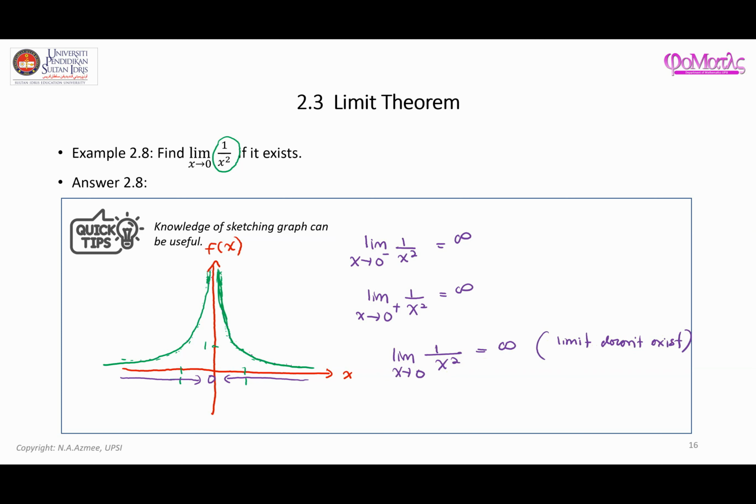Our definition of limit requires this value to be a number. So in this case the limit doesn't exist. If you want to be specific, yes, the answer is infinity, but actually the limit doesn't exist.